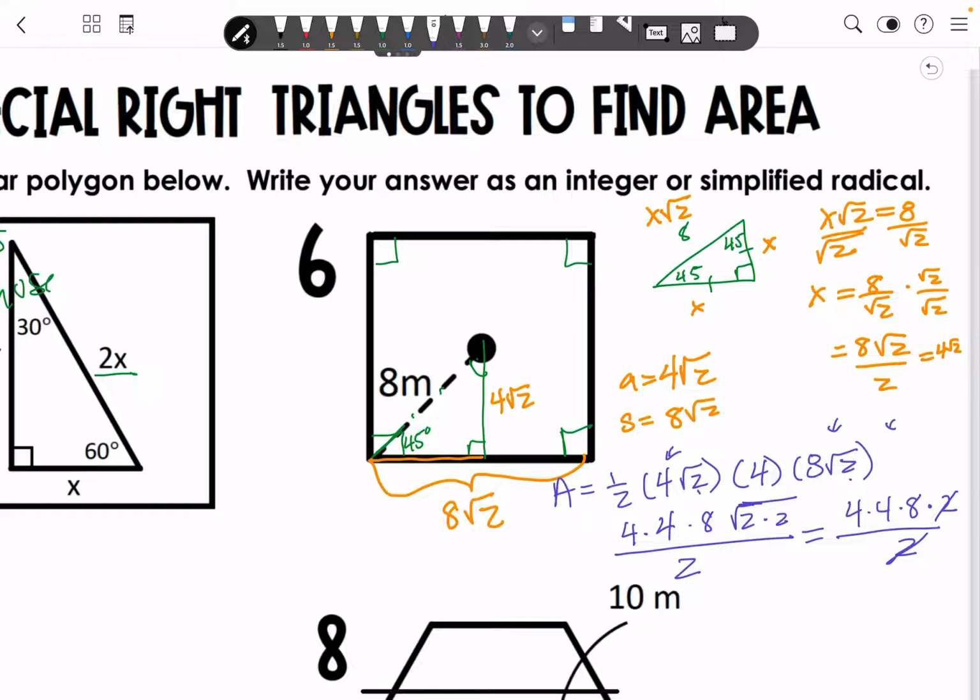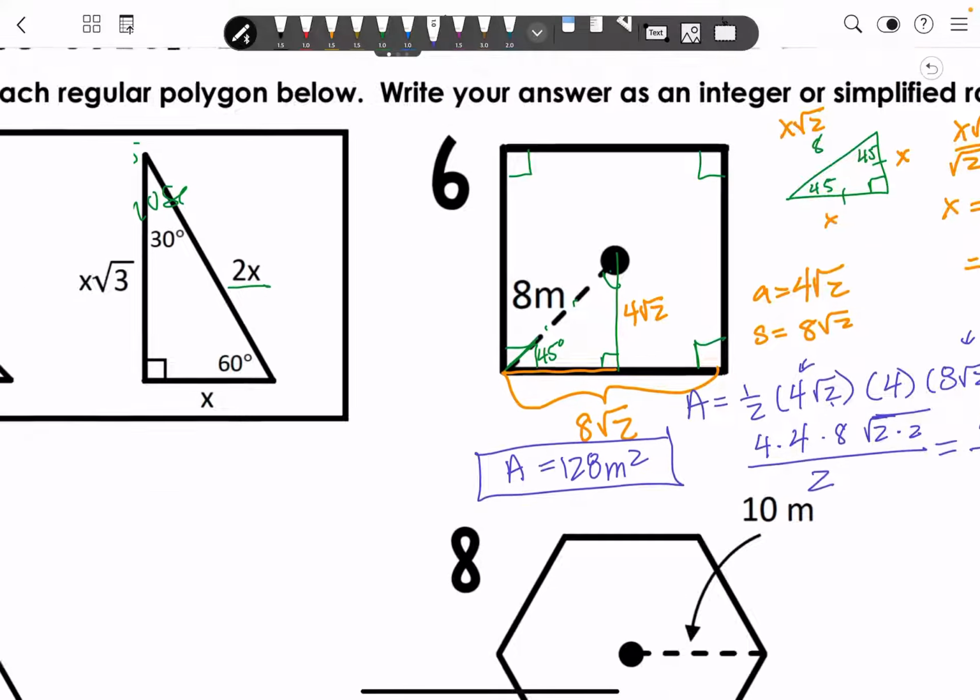You get 4 times 8. And you should get 128 meters squared as your answer when you plug that in. Now, because this was an integer, you ended up getting an exact answer anyways if you type it into your calculator, so you should be fine. But sometimes you're going to have problems like number 7.